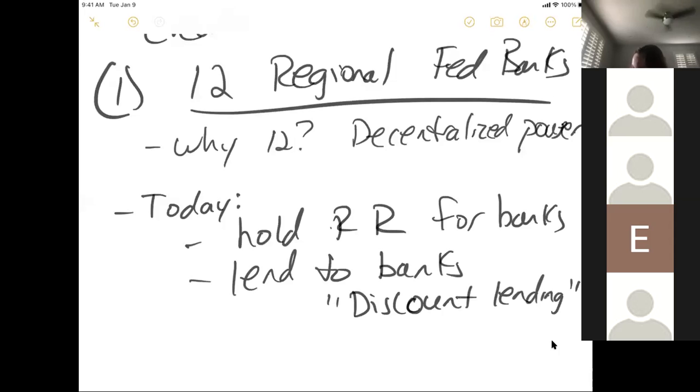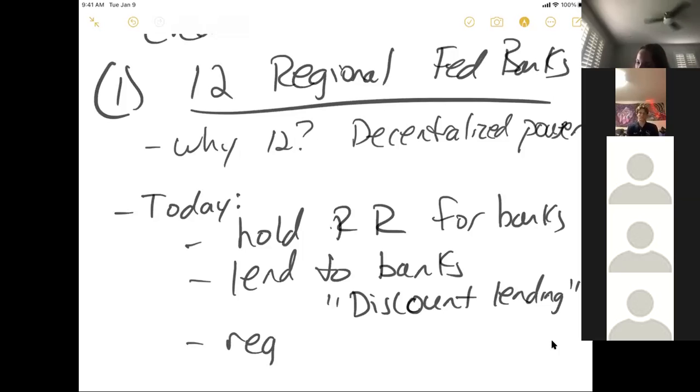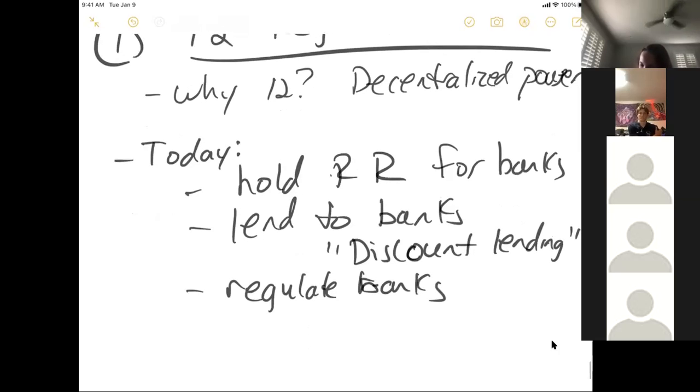But if a bank needs a loan, they can go to the Federal Reserve to get what's called a discount loan. These regional banks do the regulation of the banks in their system.